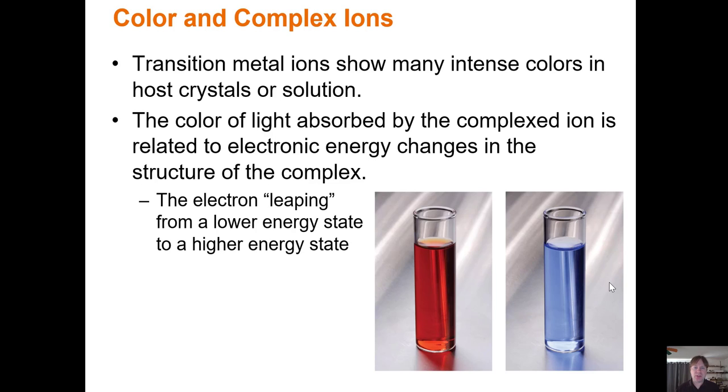Electrons can jump from one of the lower three up to the upper two. When they do that, that energy gap is small enough that it is associated with visible light, as opposed to UV light for the typical jumps between electron levels. So that's why some of these complex ions have these really intense colors.